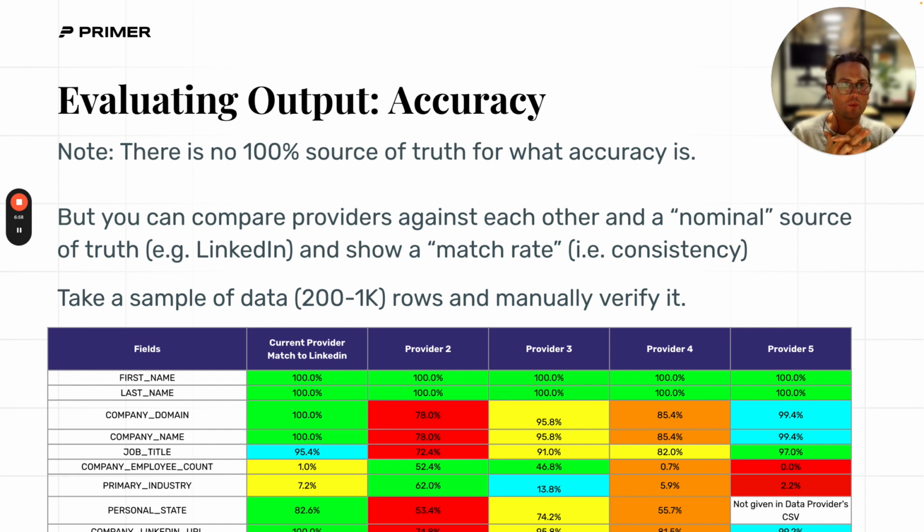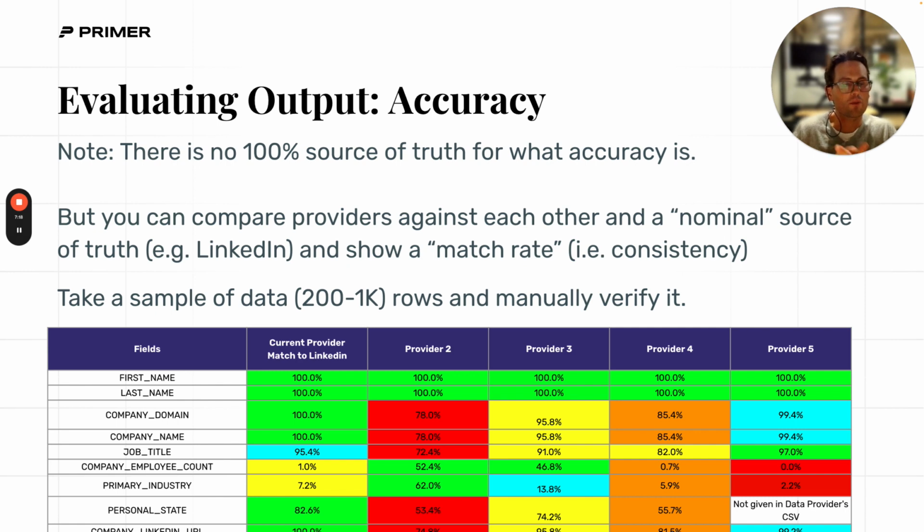So what we do to compare accuracy is compare it against LinkedIn and then manually verify it. And that helps us understand how closely this matches with LinkedIn. If we need to tell a story around this data to our sales team, how do we tell that story?